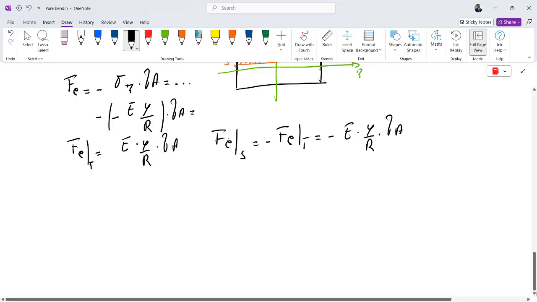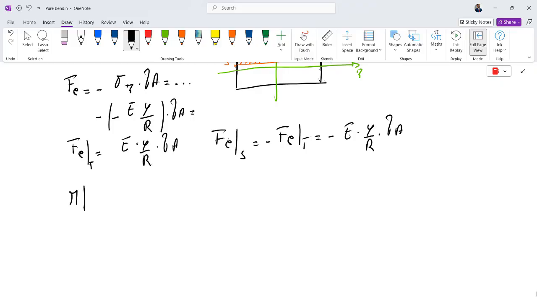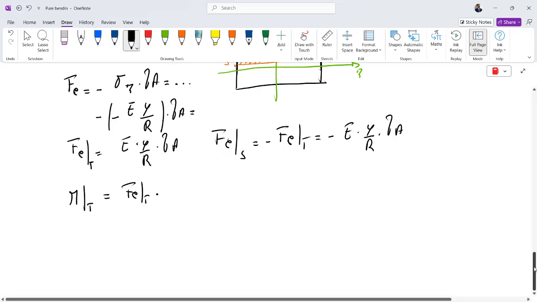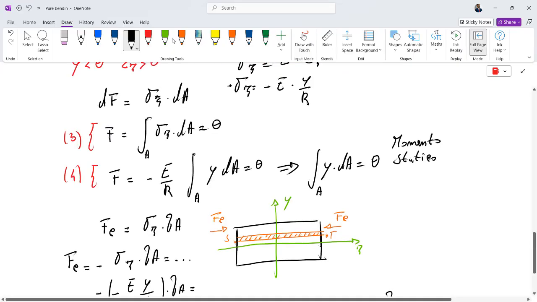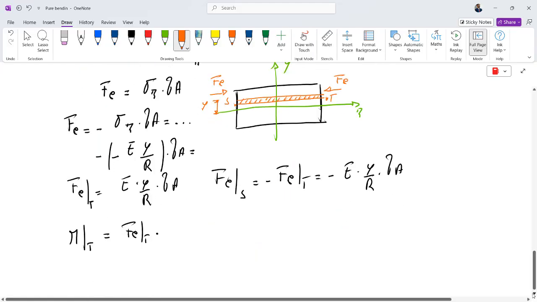These two forces also produce a moment with respect to the neutral axis. So the moment produced by F_C on the T side is equal to F_C on the T side times this distance y.